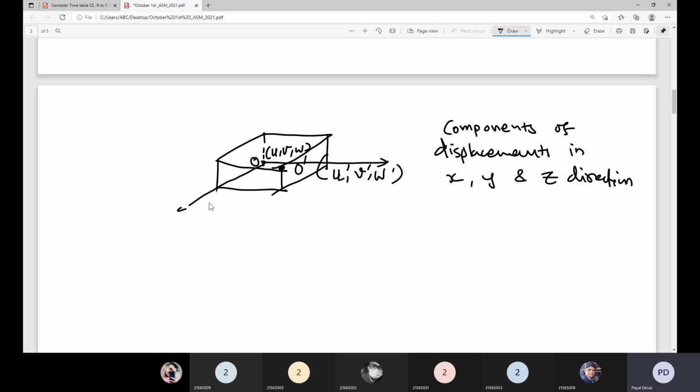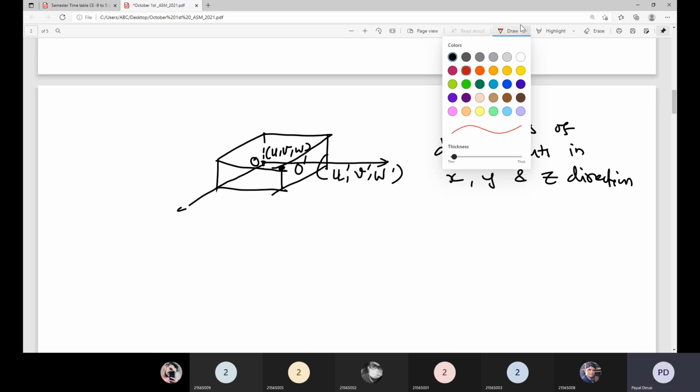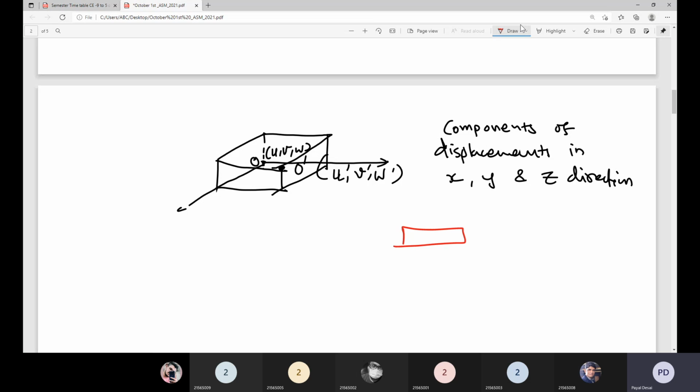Since we are discussing 3D, it is not a linear translation, where U develops in one direction. In 3D, if my original point is here, on these X, Y and Z axes, when you apply load it will shift somewhere here, which has three components.